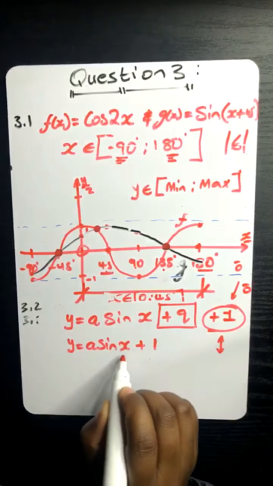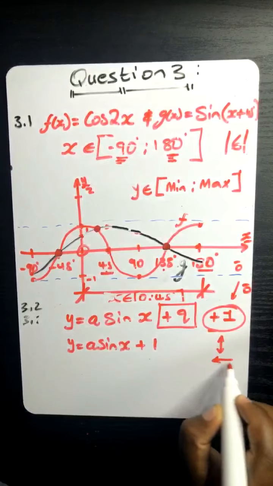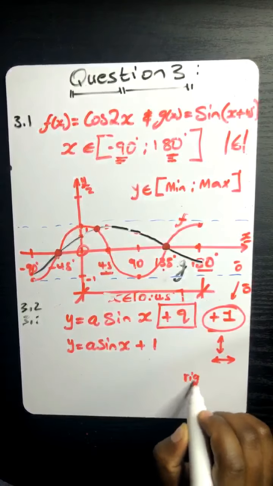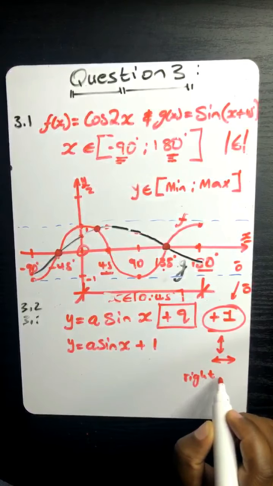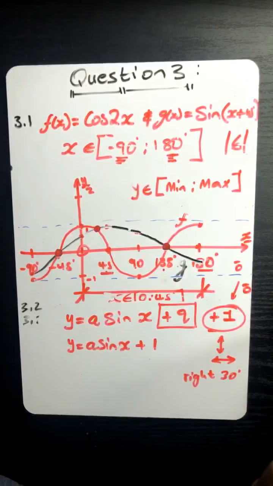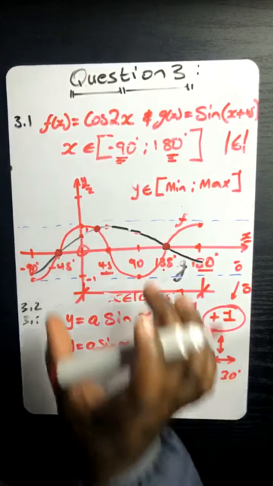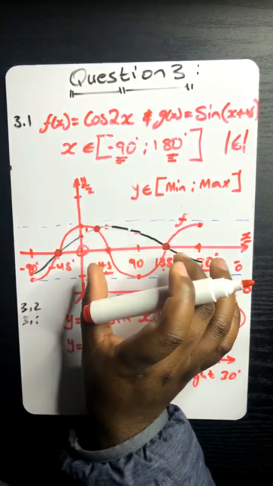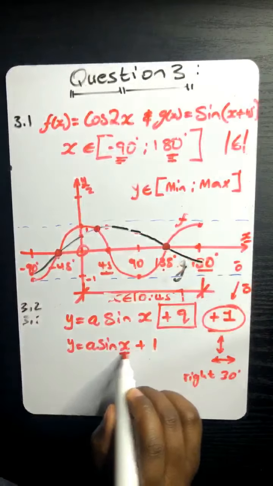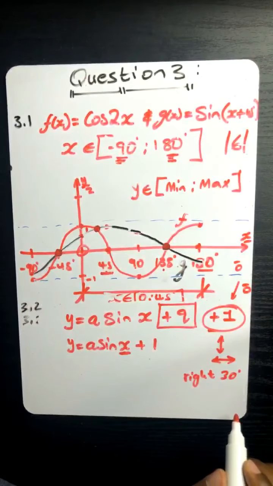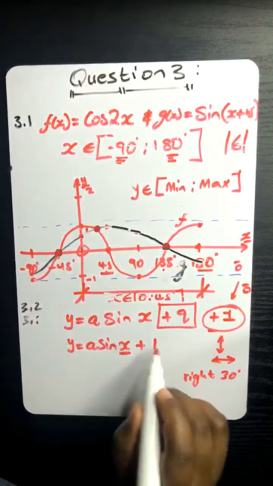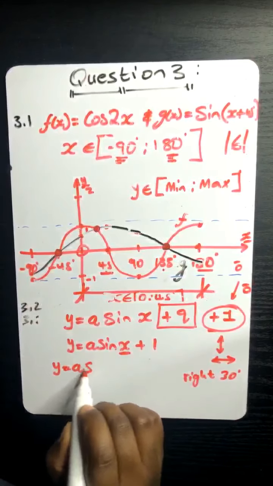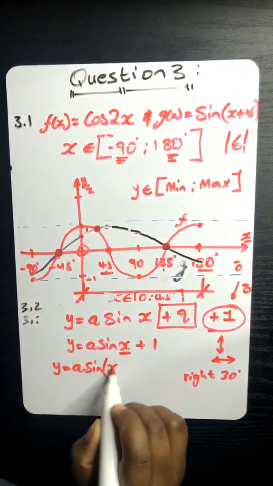When it comes to the sideways shift, if they say something shifts to the right by 30 degrees, this is where it shifts. In the equation, you write y equals, you still have a, then sine of that angle.